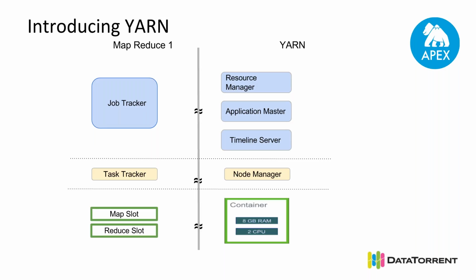The first thing is that version 1 of Hadoop had a component called the job tracker. This job tracker was responsible for scheduling each and every application in your cluster, as well as managing each and every task or job related to that application.